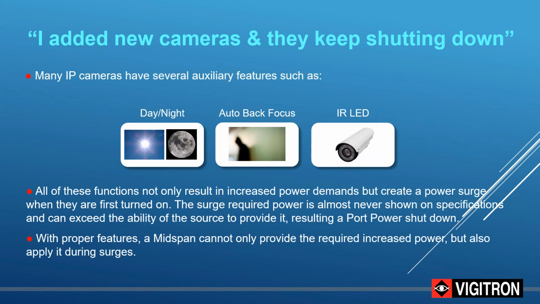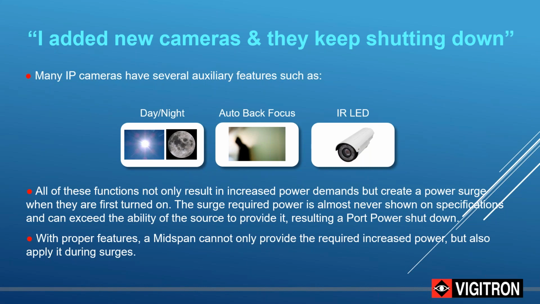Also, if you're using Vigitron midspans as an example, there are other types of features that could help. We spoke about how PoE operates in session number 2. These devices that are connected, particularly IP PoE cameras, can draw more power than is capable of being provided by the port.